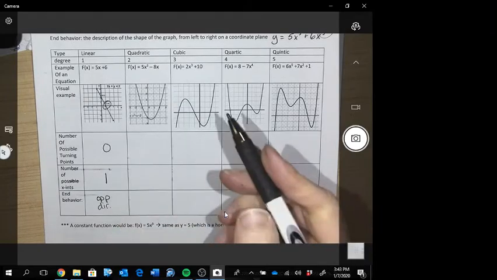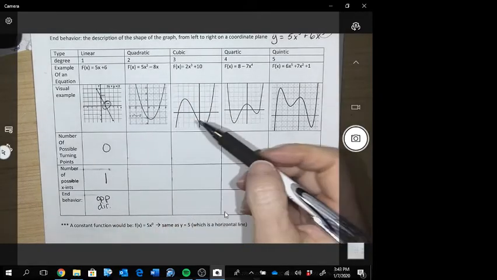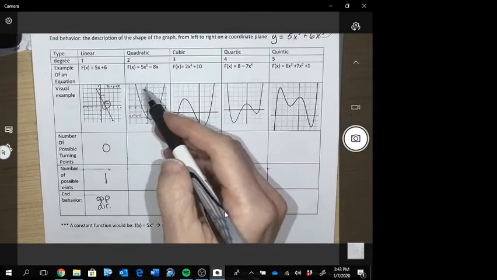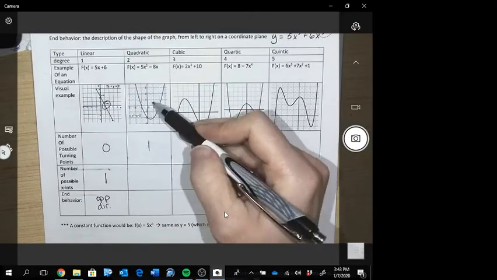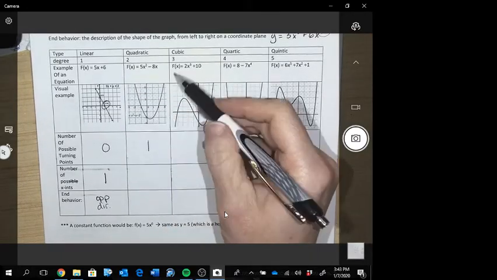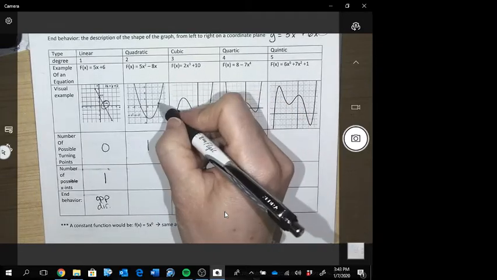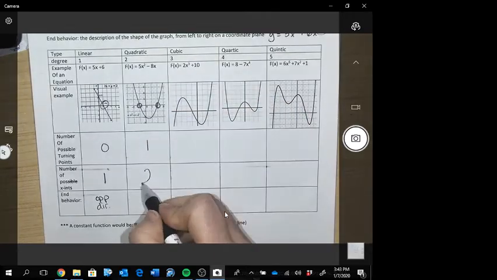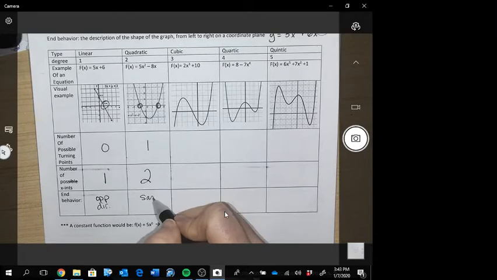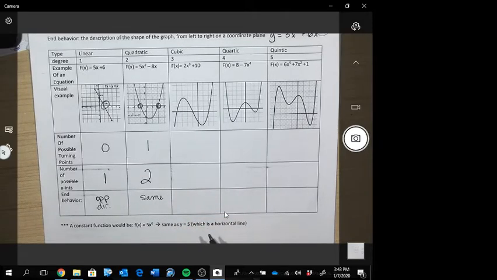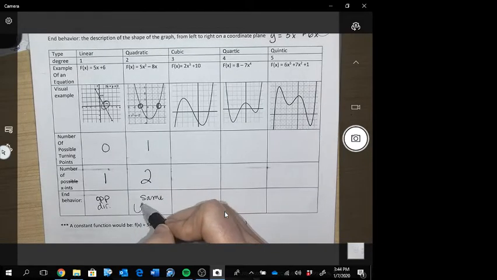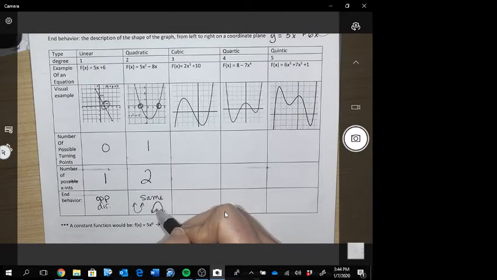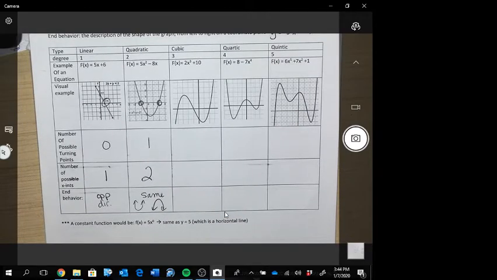Okay, quadratic, number of turning points would be 1. So here you can see it goes decreasing and then increasing. X-intercepts, it could possibly have 2. And its end behavior would be in the same direction. So either both going to infinity, or both going to negative infinity.